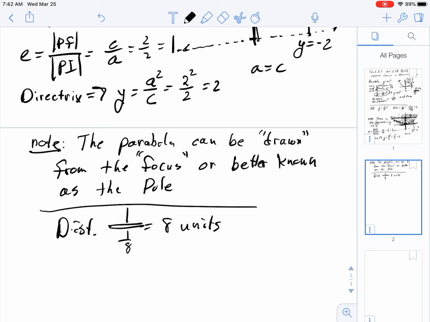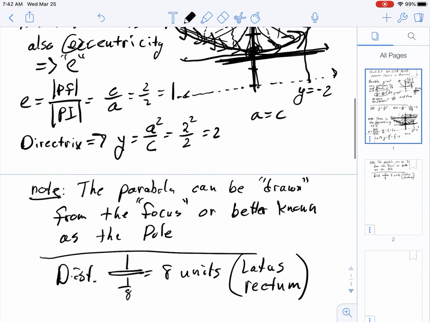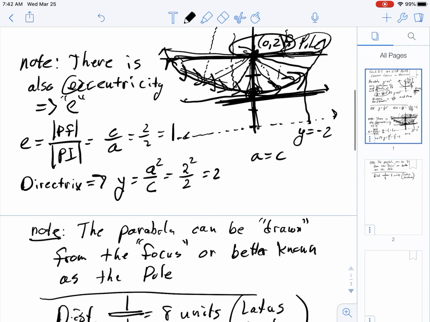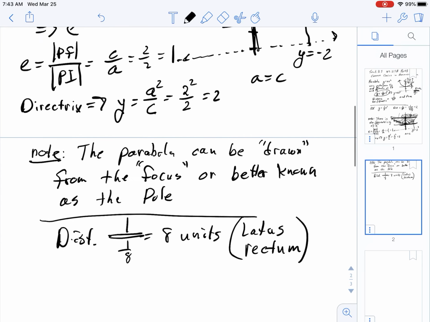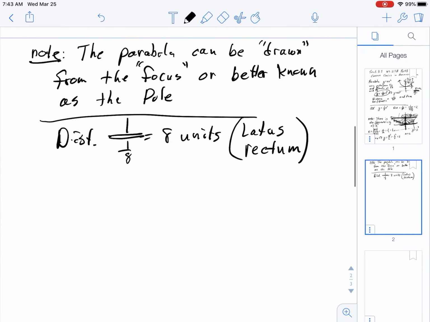What they call this is a latus rectum. So just for a little laughs, if you ever ask me to find where your latus rectum is, you got that one on your own. I'm not going to ask that on any test, but thought you should at least know that there is a unique thing about the distance across through the focus. So on to the next piece.